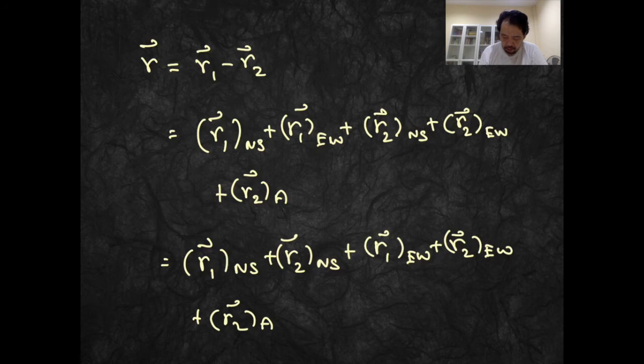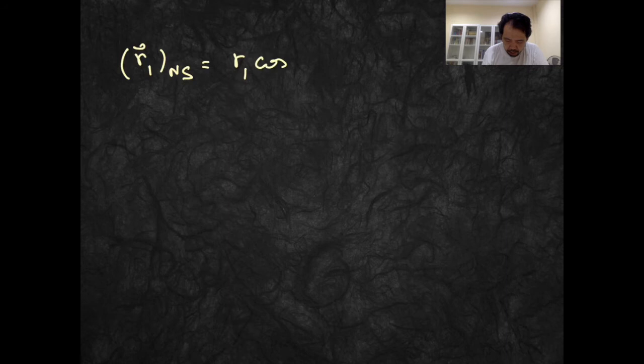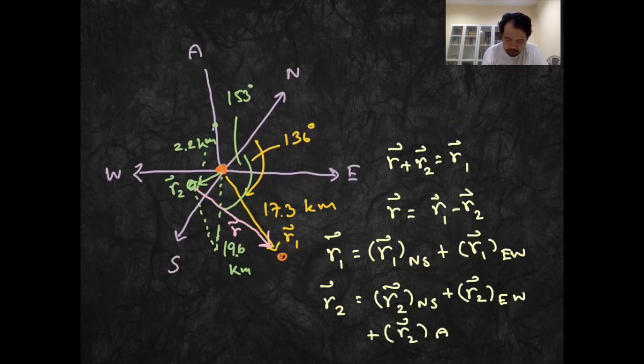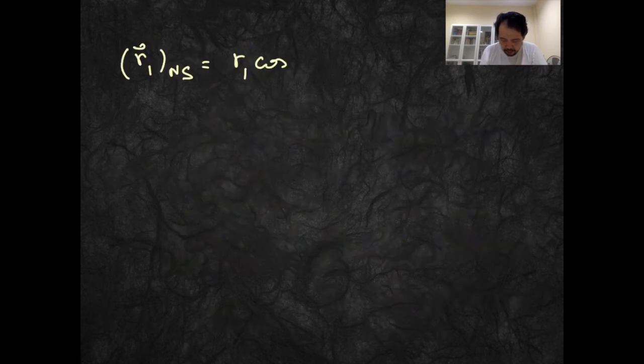So we have that R1 along the north-south axis is equal to R1 cos 136 degree, right?